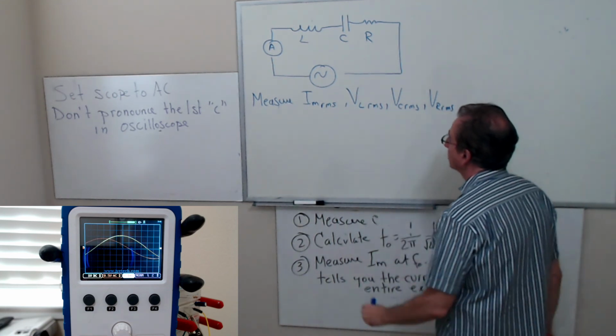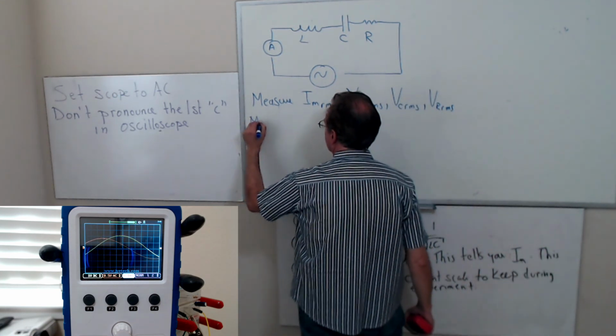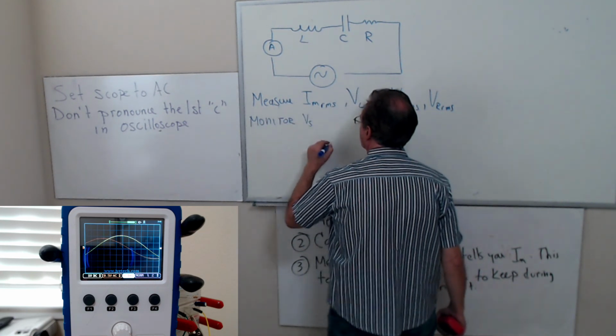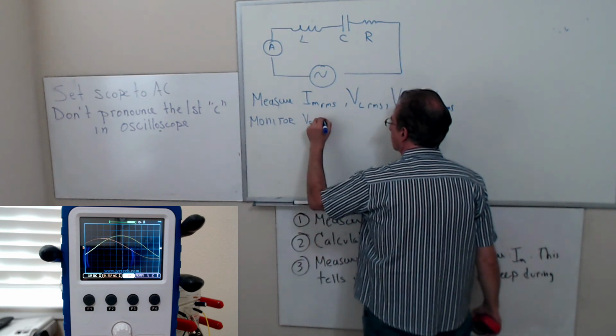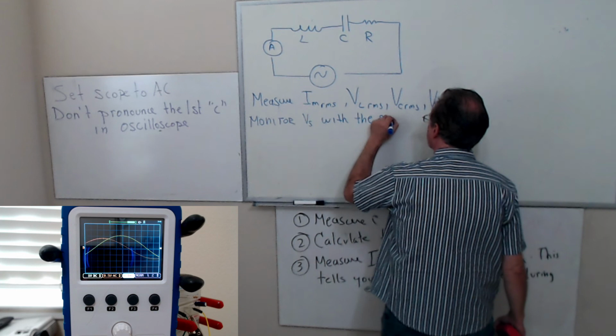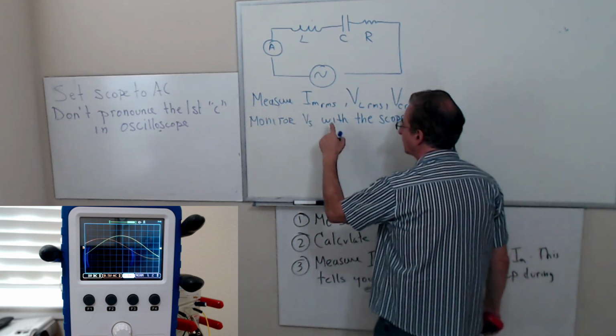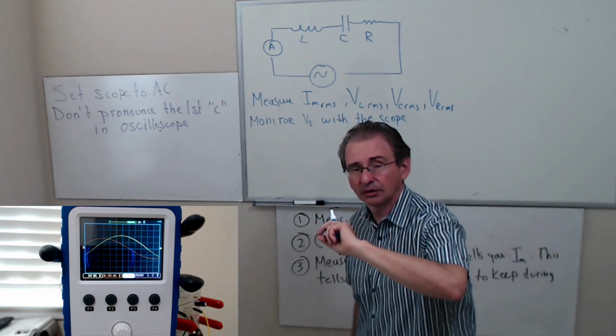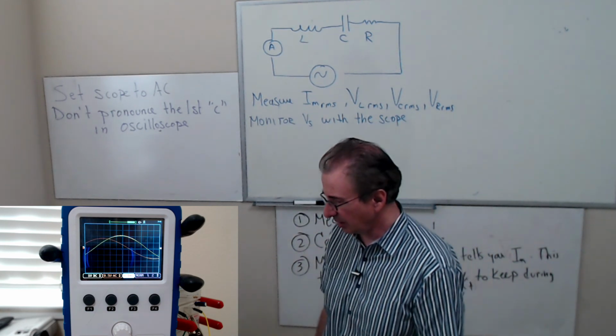And then you're going to monitor the power supply voltage of the scope. And when I did the lab over the summer, I noticed that the digital readout, it's a little bit inaccurate.